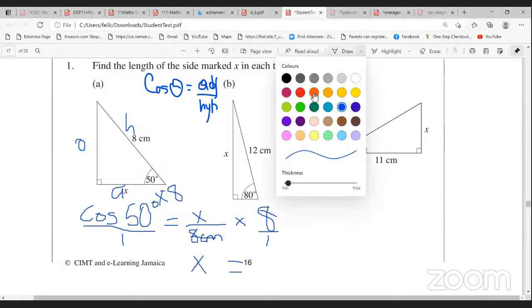So x is equal to 8 times cos 50. Don't put in the centimeter, just put your 8. It is times, not divide. So it's 8 cos 50.